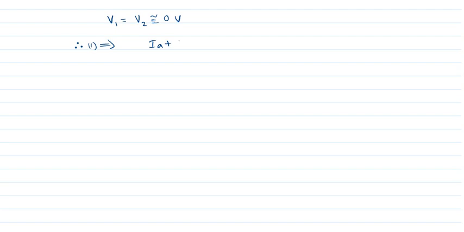IA plus IB plus IC equal to IF, and we can write this in terms of voltage and corresponding resistance. IA will be VA by RA plus VB by RB plus VC by RC equal to V0 divided by RF, and here V0 will have a negative sign.